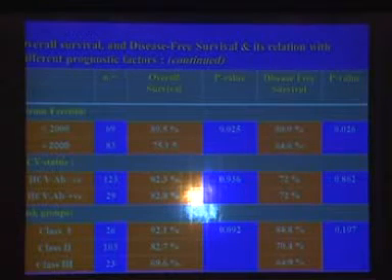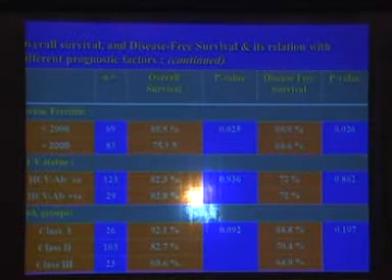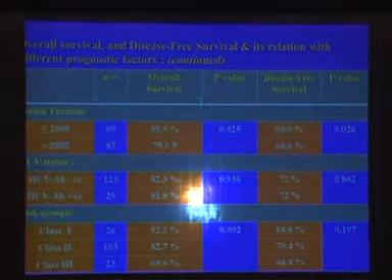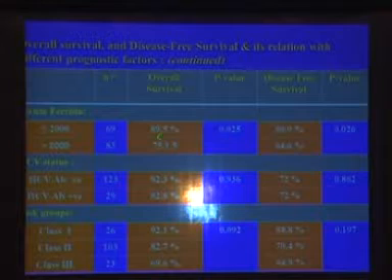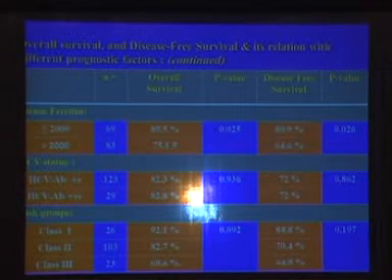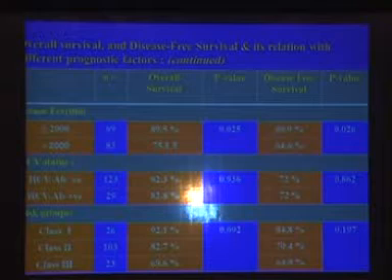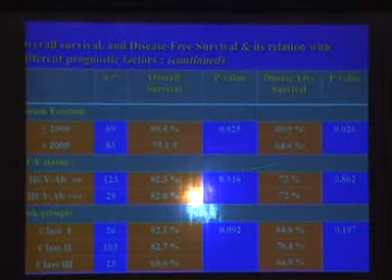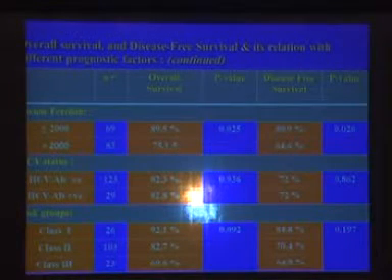When we try to see other prognostic factors that can be correlated to the outcome, you can see here that those who had a serum ferritin of less than 2,000 had an overall survival of almost 90% and a disease-free survival of 81%, while those having a serum ferritin above 2,000 have an overall survival of 75% and a disease-free survival of 65%.